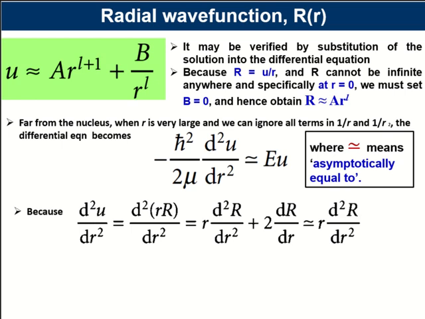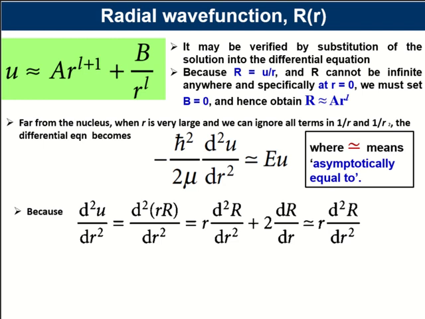And we can then write the equation like this. The second derivative of u, that is u equal to small r into capital R, can be written as r d2R by dr square.